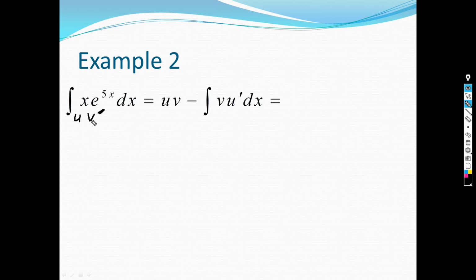V prime, we want it to be something that we can integrate easily. Okay, so usually in general the v prime function will be a little bit more complex. Okay, and then once you get your v prime, you get v, and then you just plug into this formula right here, and you're hoping that this integral right here will be a little bit easier to integrate than the given one.